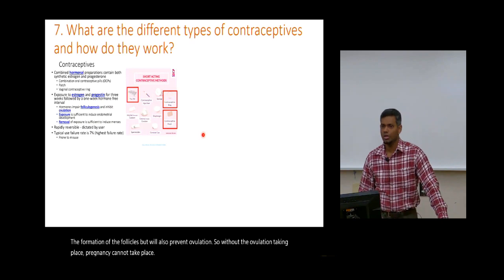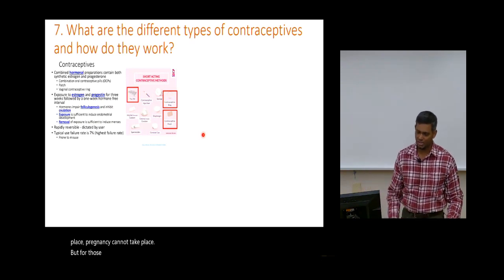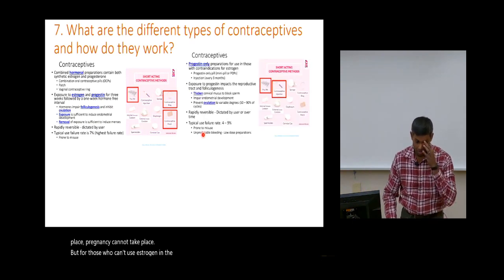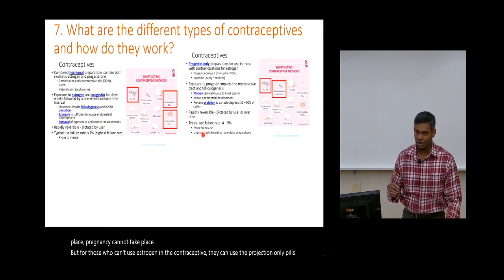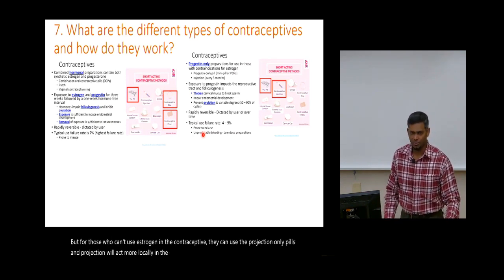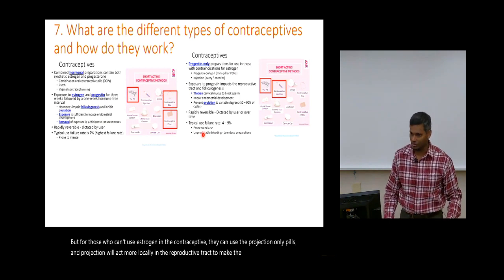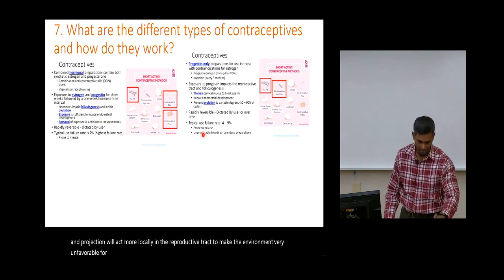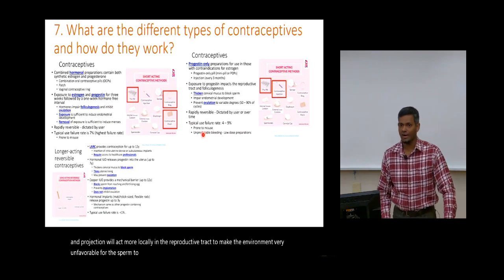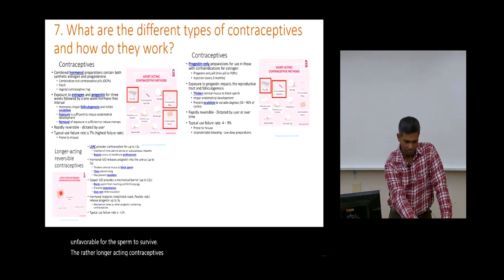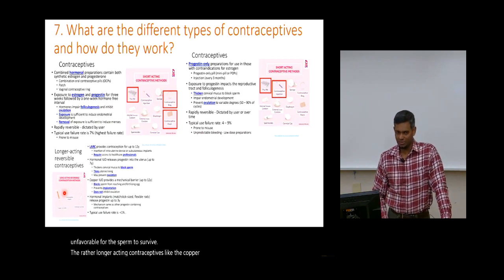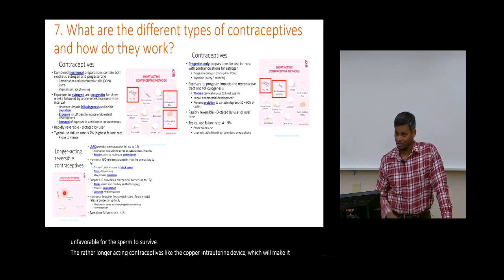But for those who can't use estrogen in the contraceptive, they can use the progesterone only pills, and progesterone will act more locally in the reproductive tract to make the environment very unfavorable for the sperm to survive. There are other longer acting contraceptives like the copper intrauterine device, which will make the environment very hostile for the sperm.